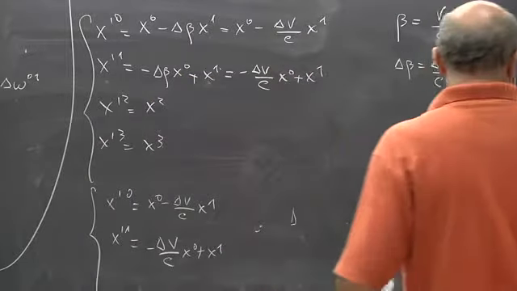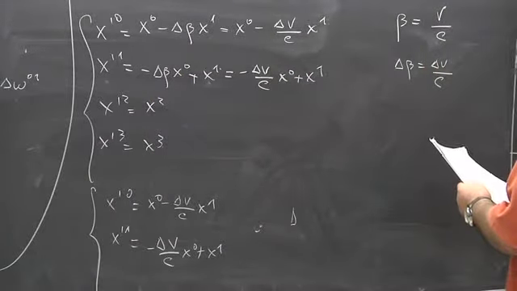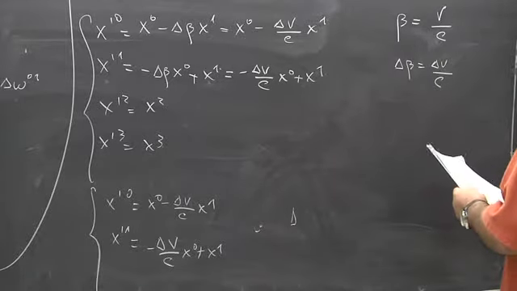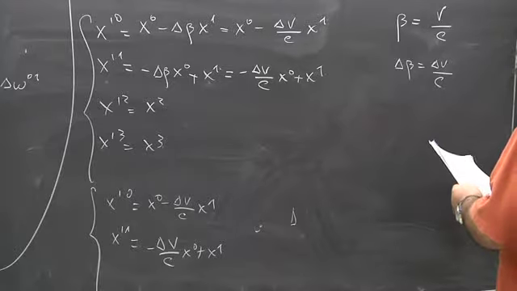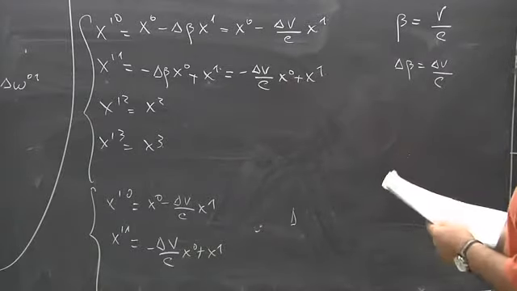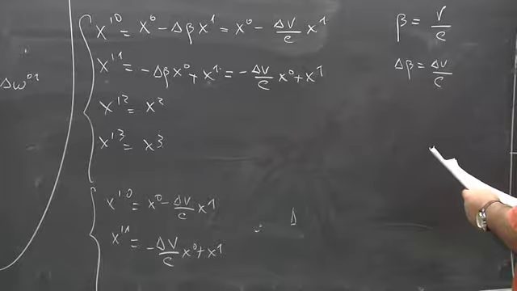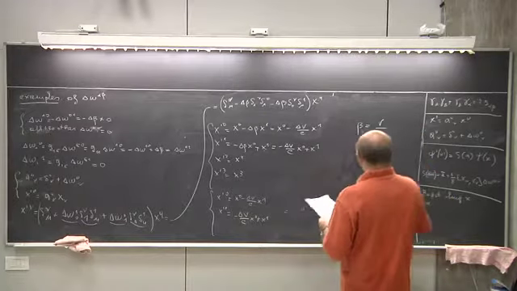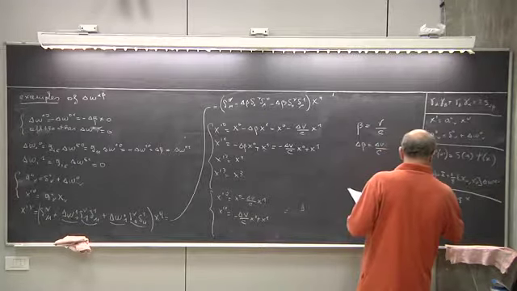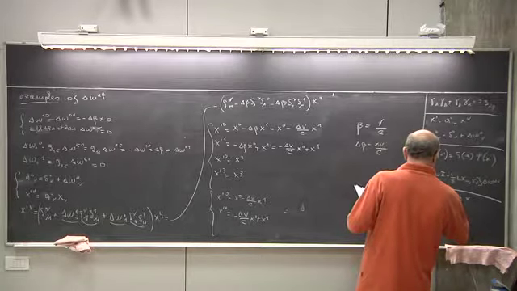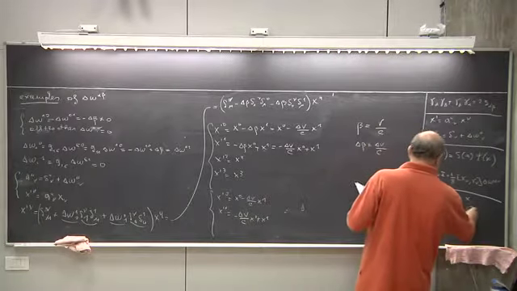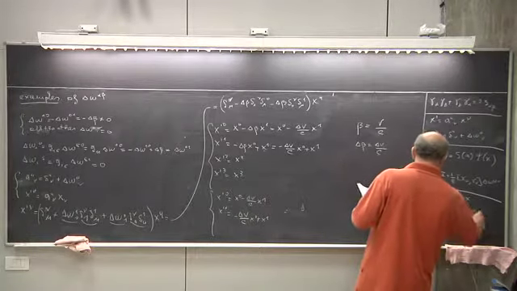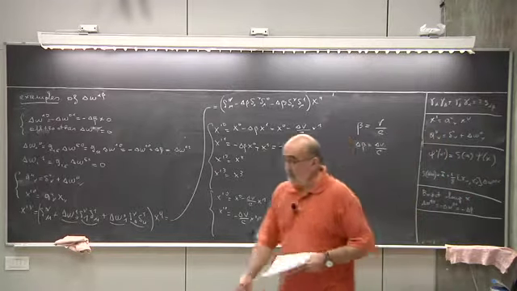Here we can say, a boost along x. We have delta omega 1 0 equal to minus delta omega 0 1 equal to minus delta beta. All the others 0.